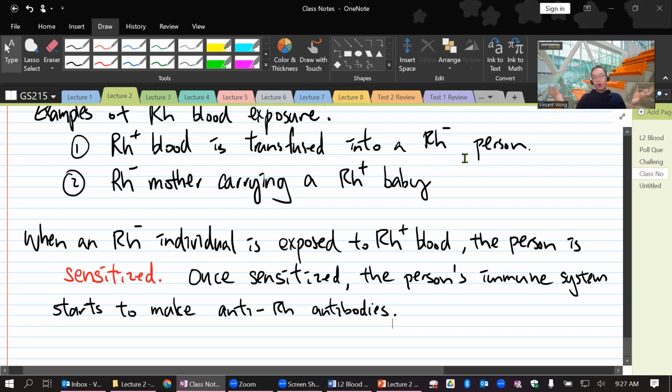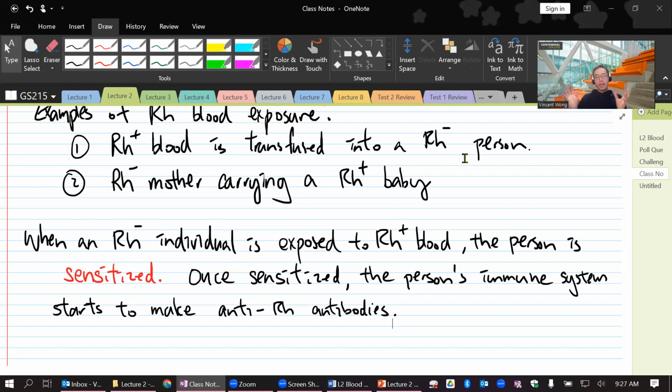It takes about a whole week before you actually get all the antibodies being made. So all the people who are Rh negative have one chance of receiving positive blood. If they need blood again after a few weeks, you cannot give them positive blood again because you already sensitized them through the first transfusion.